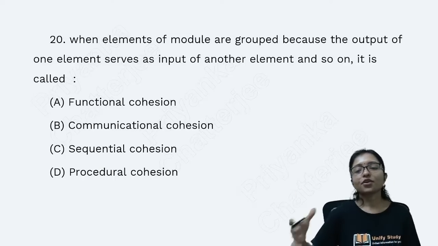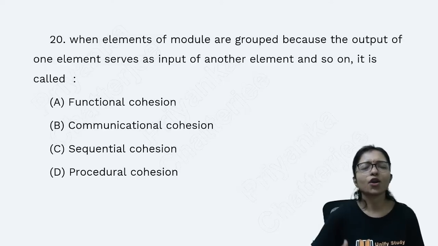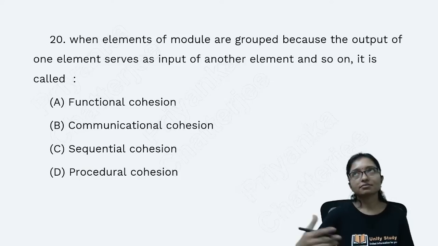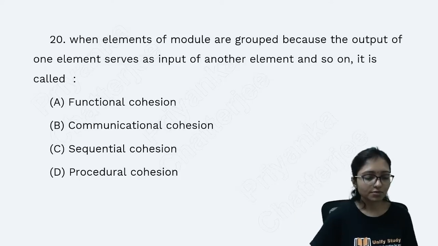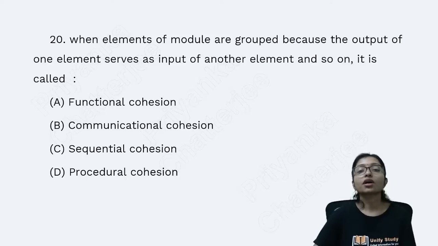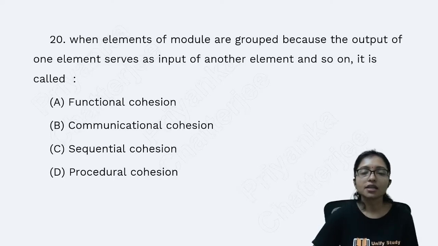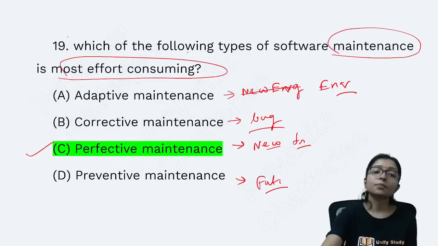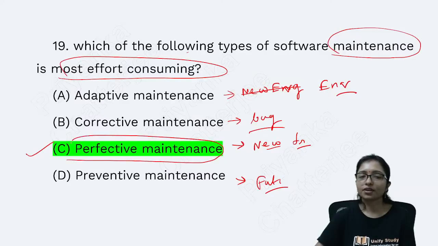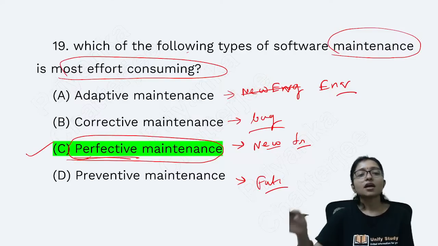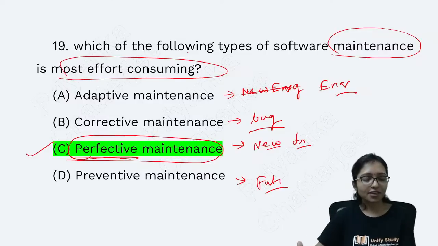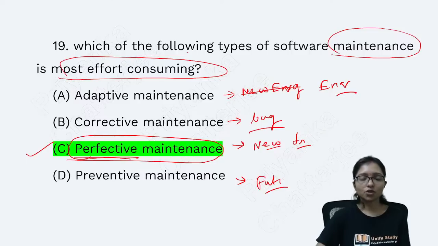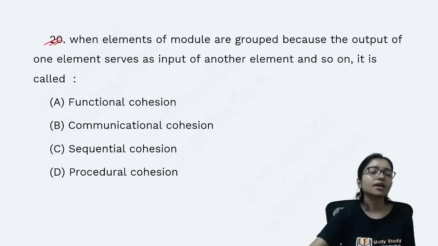From last year I am completely focusing on my platform, and lots of students trust me, they are paying me. That's why whatever effort I am able to put with my health and my family, that effort I am trying to put for the paid learners more. That's why I am not able to come live, not able to take class. But always I am with you. Always I am trying to help you. Whenever I am getting time, I am trying to manage, so that I can give my full effort. So always being perfect is a very difficult task. Remember that. Adding new things, doing new things is a very difficult task for a human being also, and for software maintenance also. That's why the perfective maintenance is a big problem.